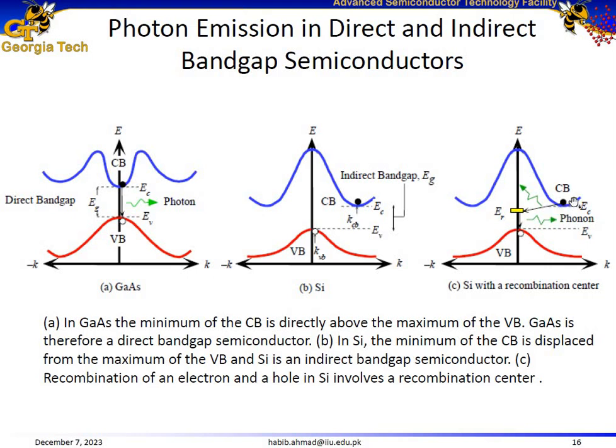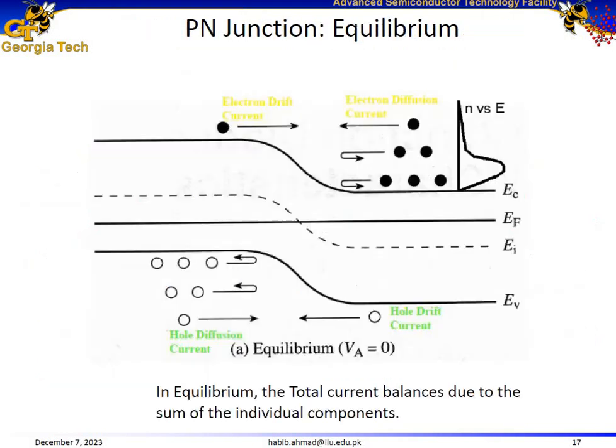So this recombination would partially result in phonons or lattice vibration, resulting in heating of the semiconductor device, and partially in radiative recombination. So generally, direct band gap semiconductors are desired for most semiconductor devices, for solar cells, for photodetectors, for light emitting diodes, and for these kinds of applications.